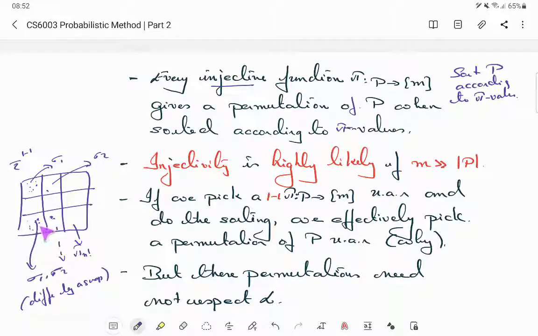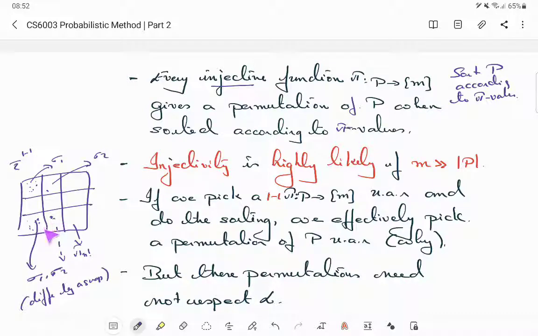Now swapping the corresponding values in these functions will change a function which would have given sigma 1 to a function which will give sigma 2 once you do this sorting operation. So there is a bijection between these two, which means the number of functions which when sorted give you sigma 1 is equal to the number of functions which when sorted will give you sigma 2.